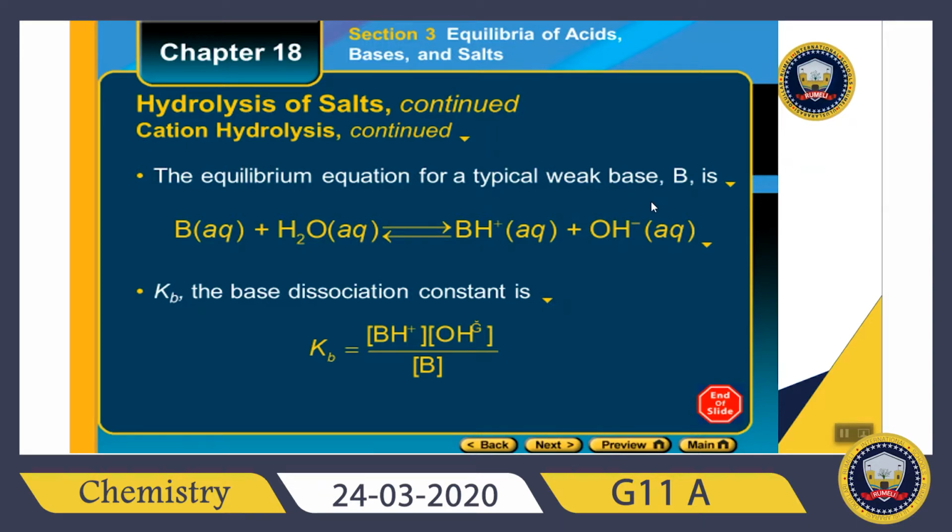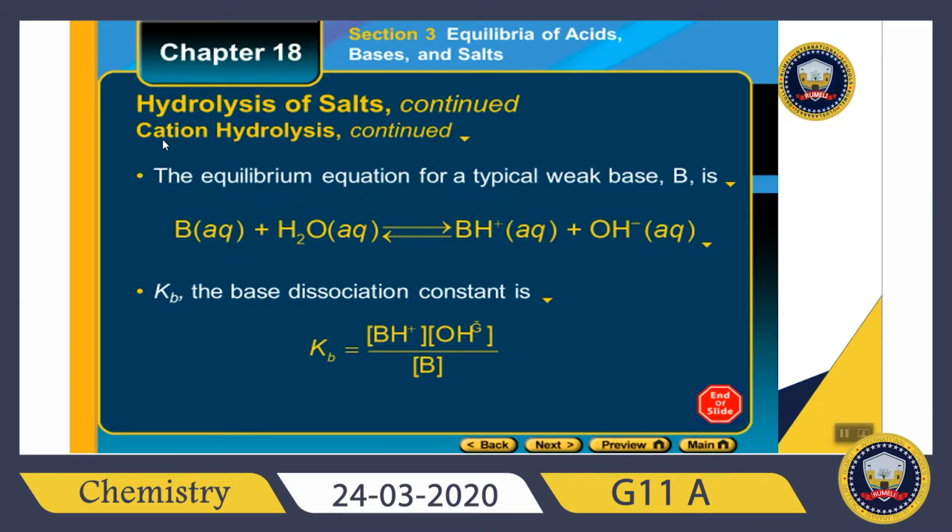The salt formed between the reaction of acid and base is formed from anion and cation. Cation comes from the base, anion comes from the acid, and we explained case 3 as anion hydrolysis.